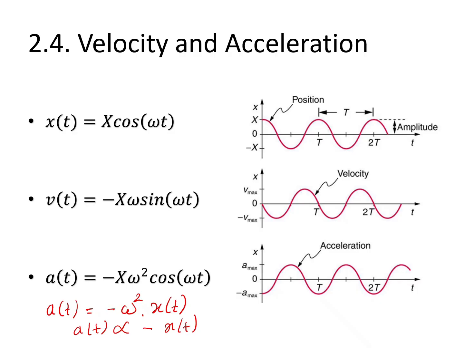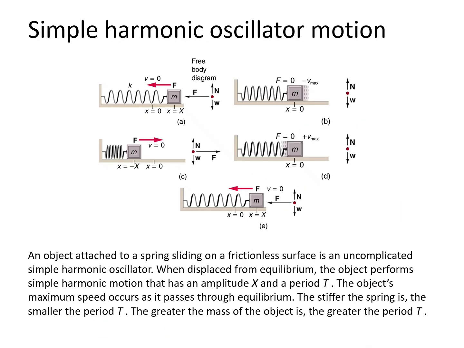Now let us connect these graphs to the physical mass spring system. In this slide, we show a mass attached to a spring sliding on a frictionless surface. This is one of the clearest examples of simple harmonic motion. At equilibrium, the spring is not stretched or compressed, and the spring force is zero.